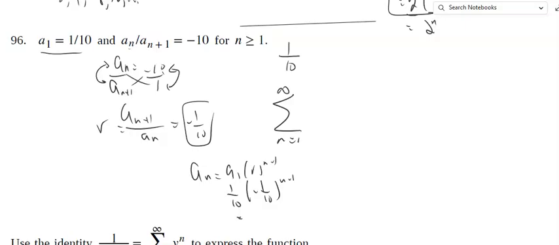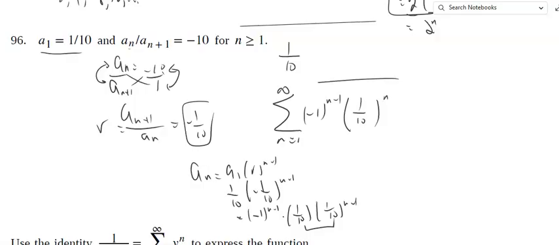And I could say that is negative 1 to the n minus 1 times 1 over 10 times 1 over 10 to the n minus 1. So that is negative 1 to the n minus 1. And when you multiply those with the same base, you add the powers, and there it is.